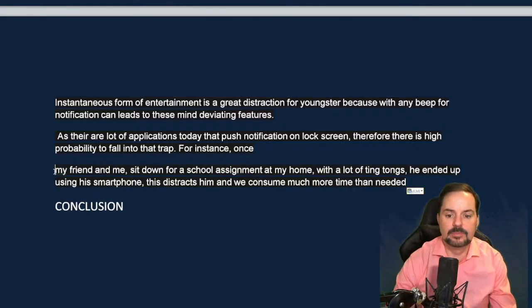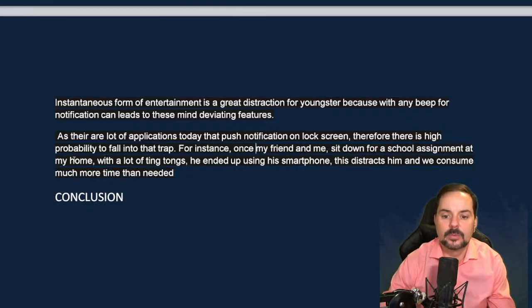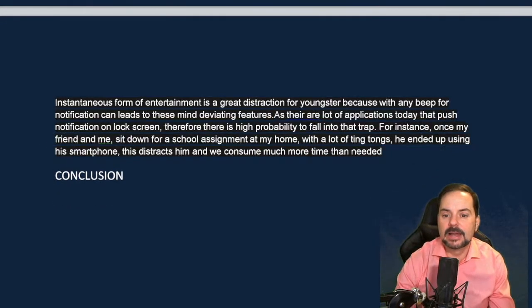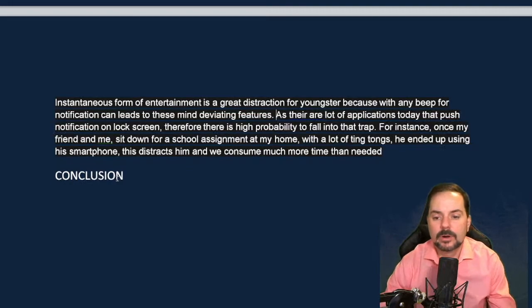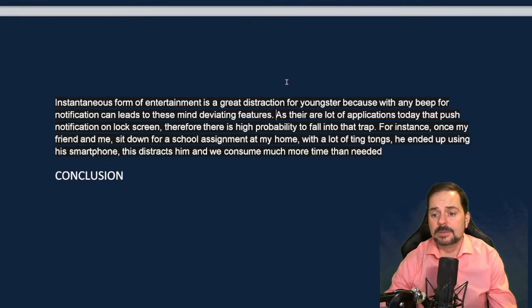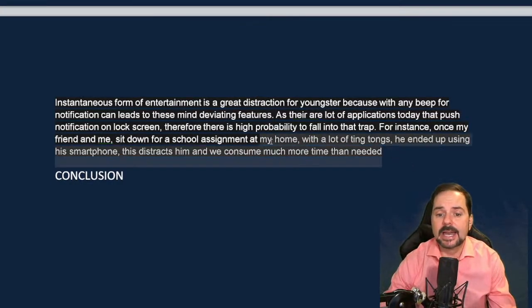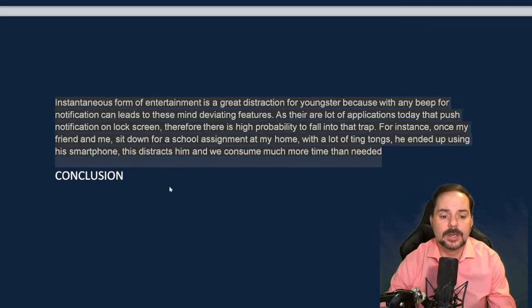All right, so I've put it all together. This is Harwinder's paragraph here. Thank you, Harwinder, for this wonderful piece of writing that we're going to look at and analyze. Okay.